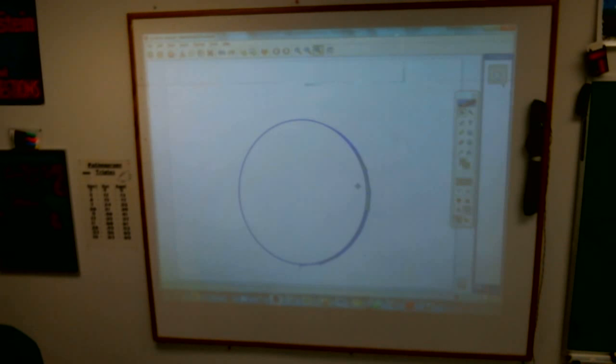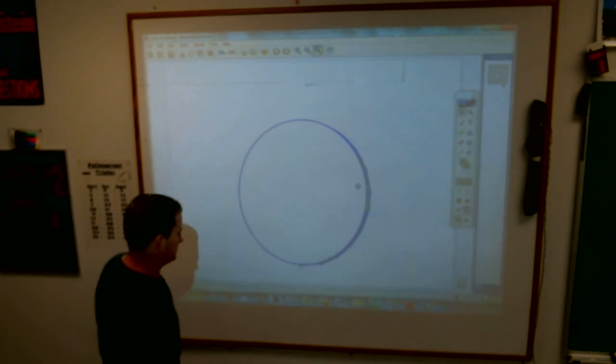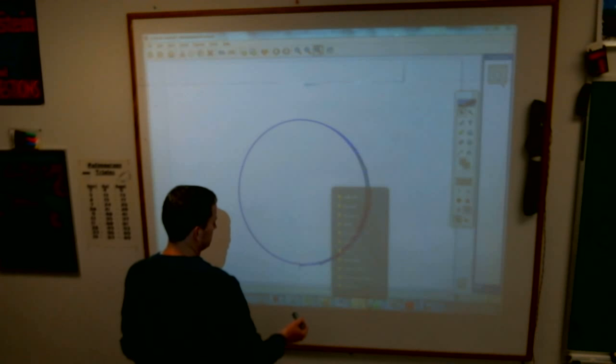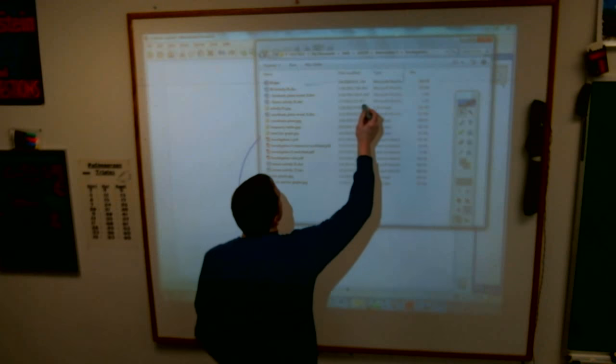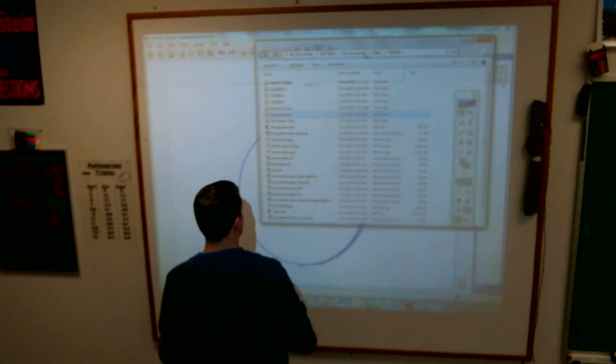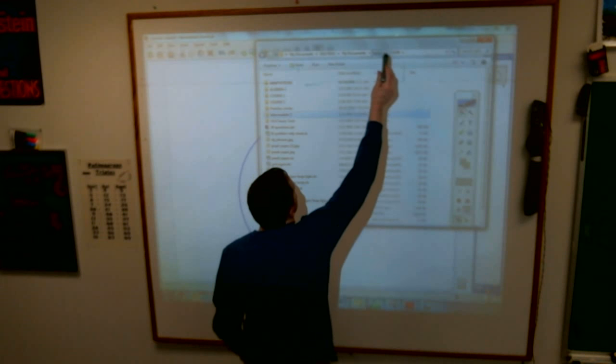You have braces? You don't have to be perfect cuts, just cut them. Does anybody need a pair of scissors?